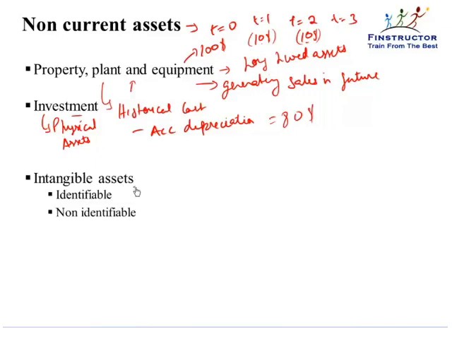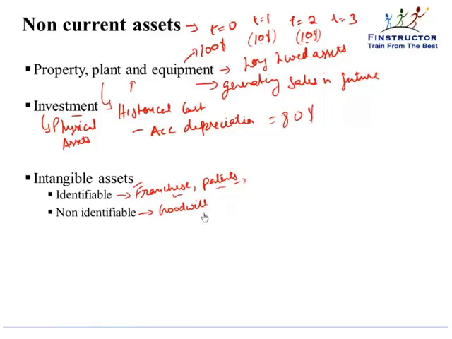Intangible assets are long-term assets that don't have a physical shape and form. Identifiable assets are like franchise agreements, patents, other privileges and rights whose value can directly be calculated from the agreement or from the description of that agreement or that right. Non-identifiable assets have an infinite life and you cannot exactly pinpoint where the value is coming from.